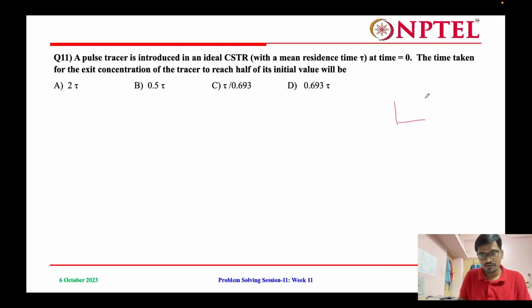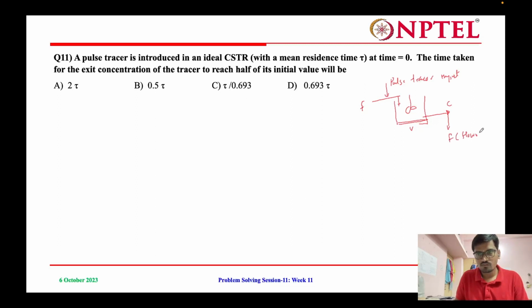So here is a reactor with pulse tracer input, V is the volume of the reactor, F is the flow rate, and C is the concentration of tracer.